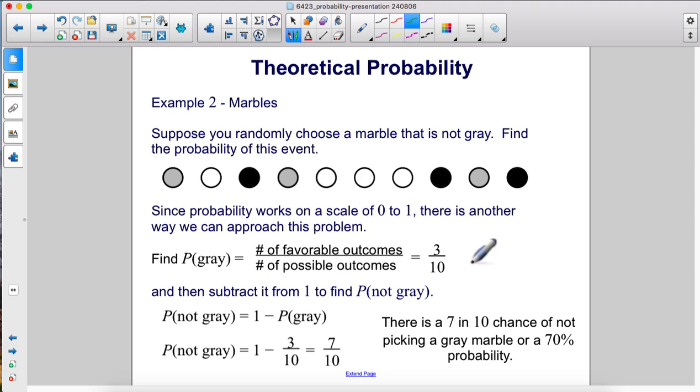When you pick a marble, it's either gray or it's not, which means there's a 100% chance that you're going to pick a marble. There's a 3 out of 10 chance it will be gray, and then 1 minus that gives you the chance of it not being gray, 7 out of 10. It's either gray or not gray. Those two odds, 3 out of 10 and 7 out of 10, have to add up to 1.